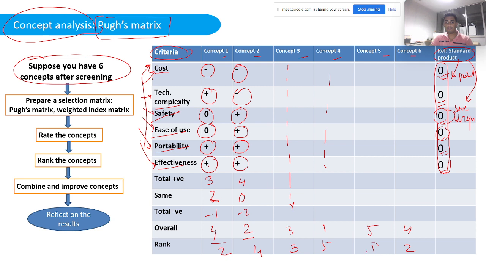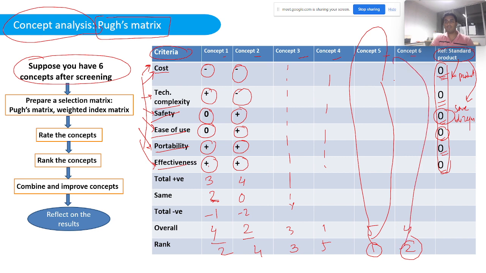So this particular concept got the best score compared to others. So you will select this one, or you can also select the second best. So you can select the top 2 concepts. This is the threshold you can determine, whether you will consider one concept or two concepts. That's up to you. But this is how you use Pugh's matrix.